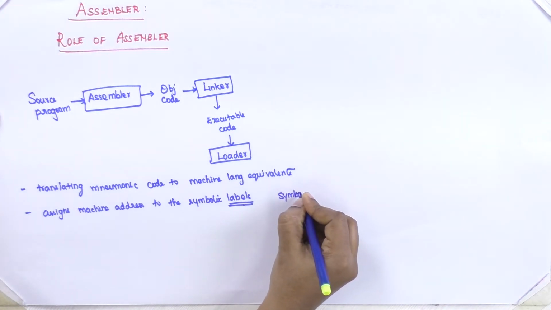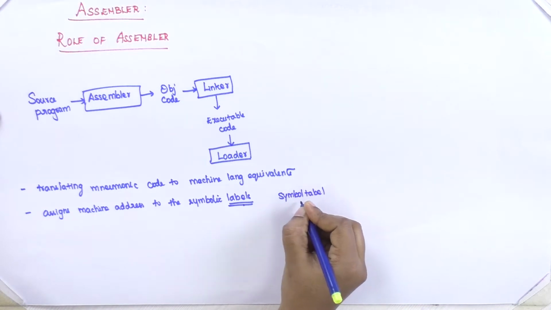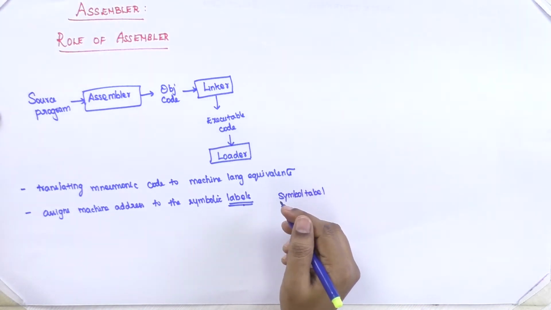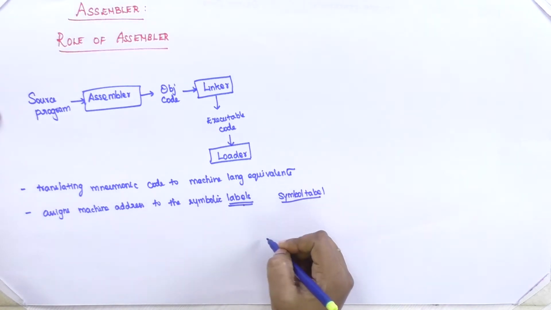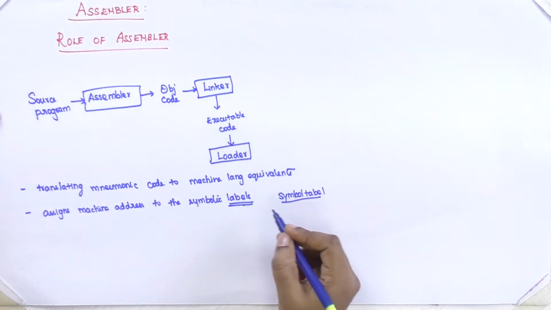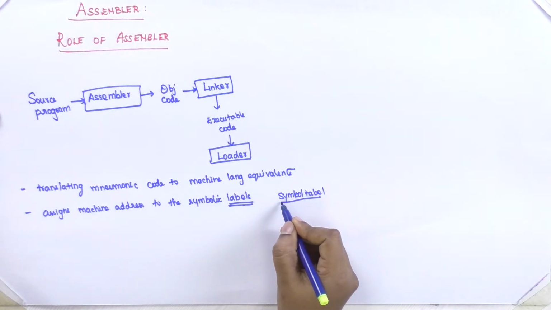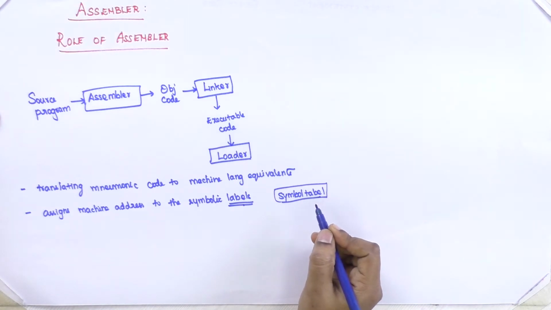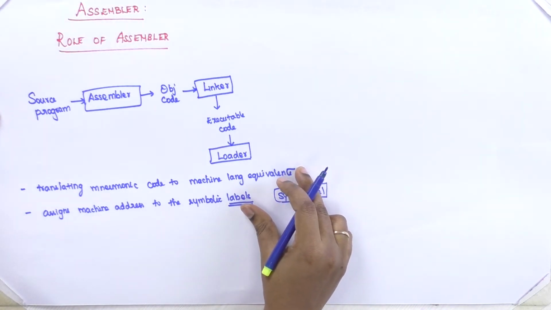A symbol table is a table which contains the details about the symbolic labels. Our assembler will create a symbol table, add the labels inside it, and also assign the addresses. The value present inside the labels is also represented inside the symbol table. This is the major function of our assembler.